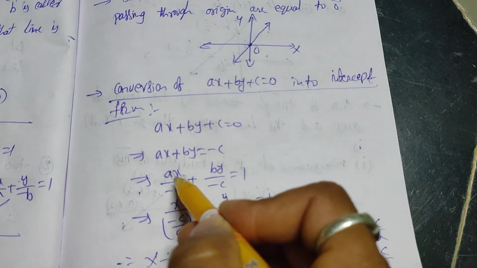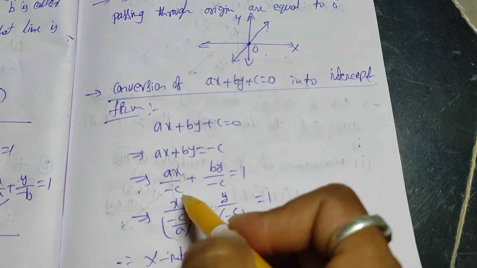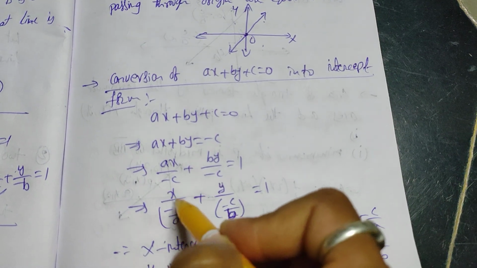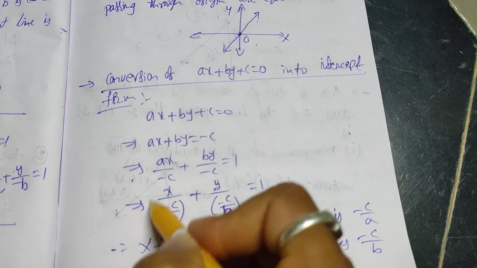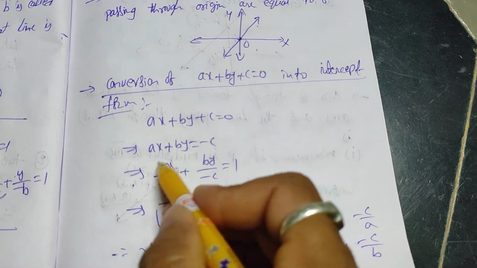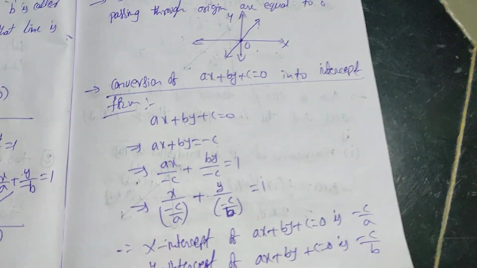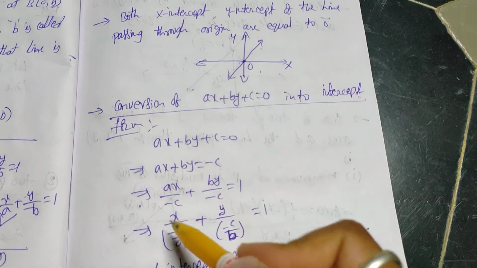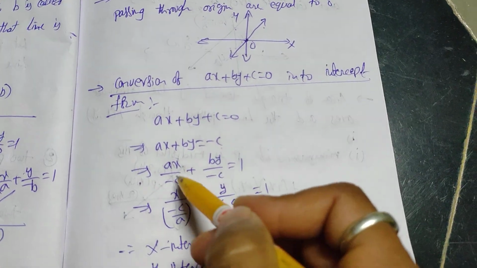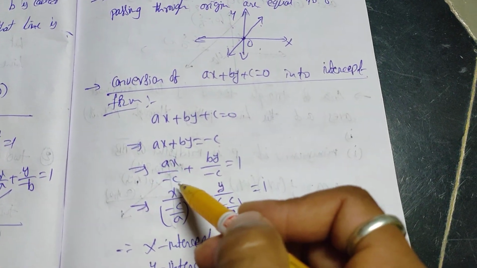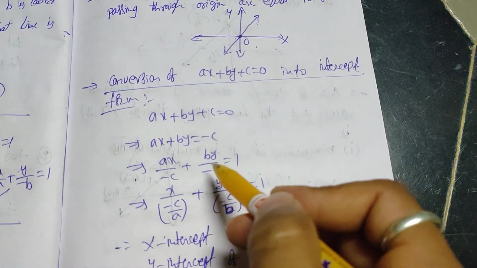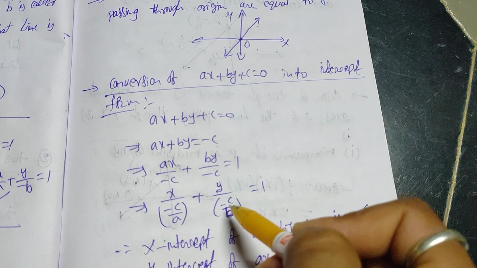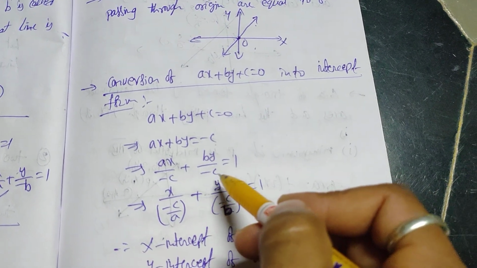Take the a as x by (-c/a). If you transpose again to simplify, this a goes to the denominator of -c.